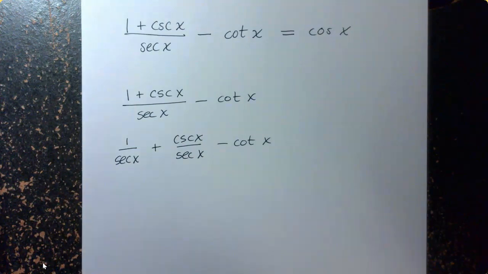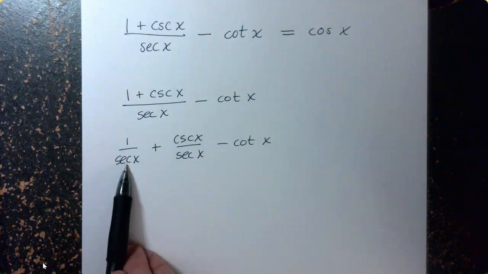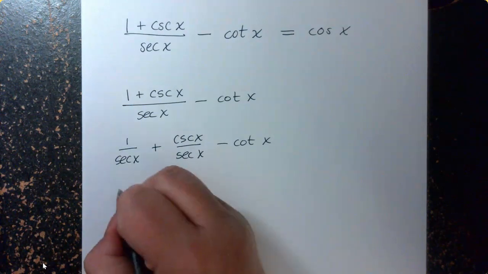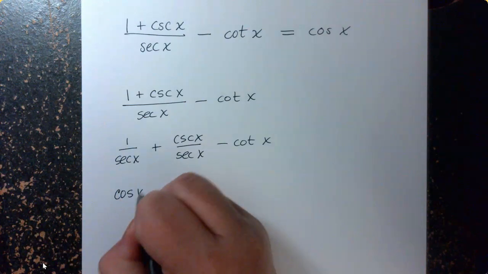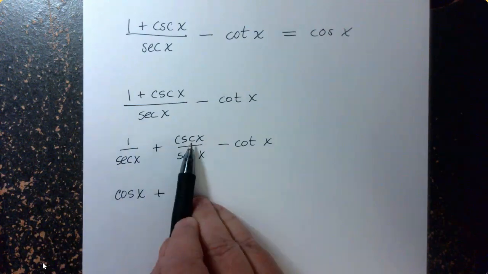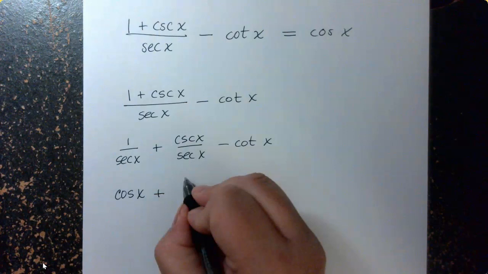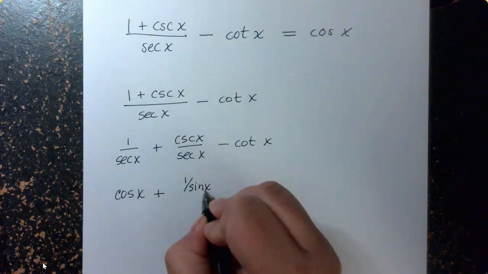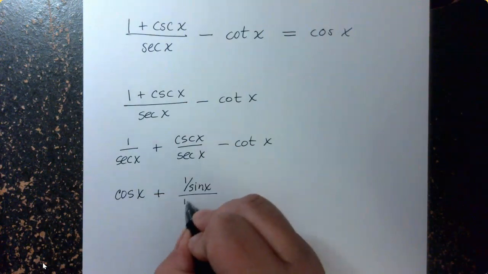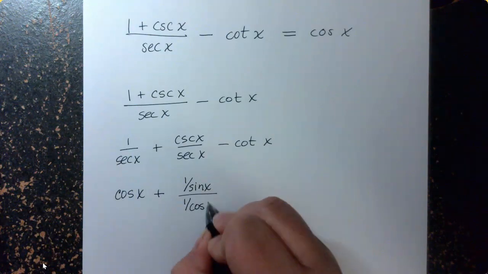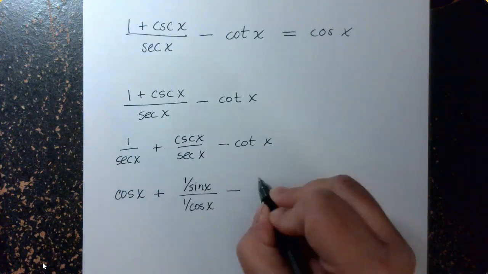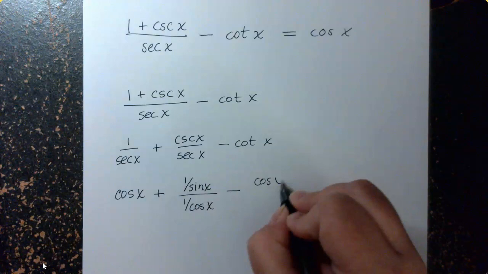So I'm going to change everything based on cosine and sine. 1 over secant is cosine, so this is going to be rewritten as cosine. Then cosecant is 1 over sine, and secant is 1 over cosine, and then tangent is cosine over sine.